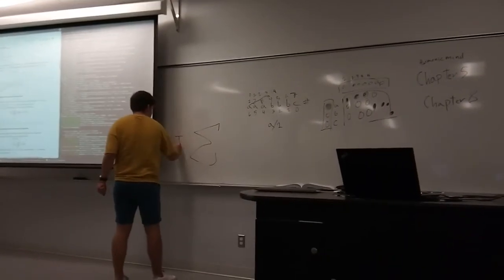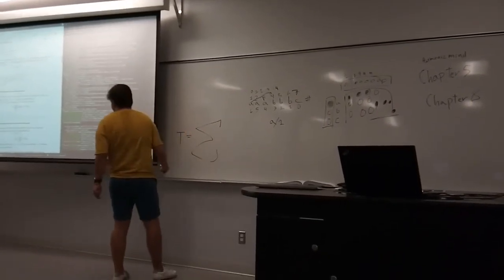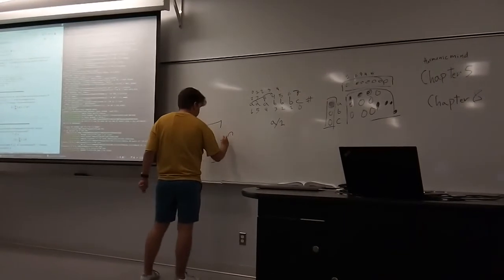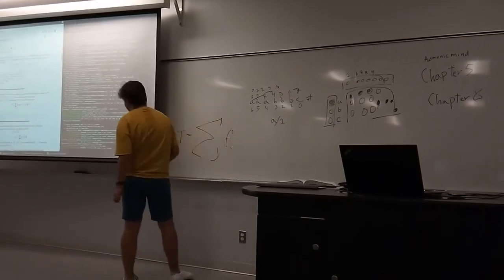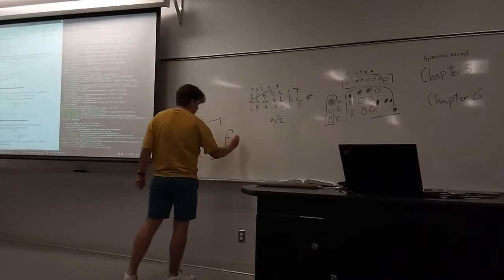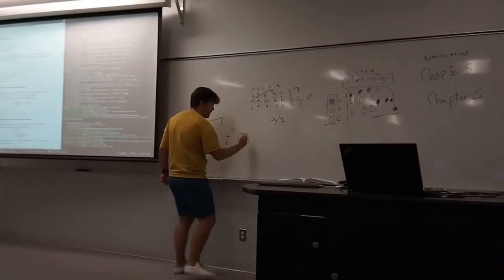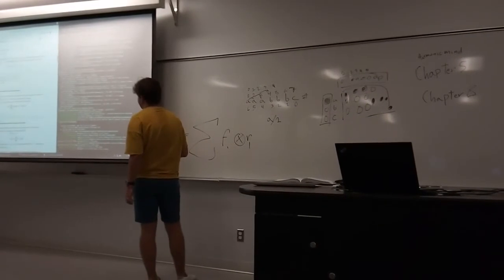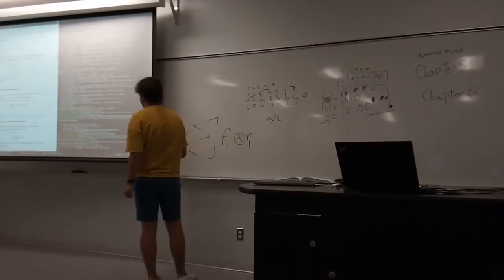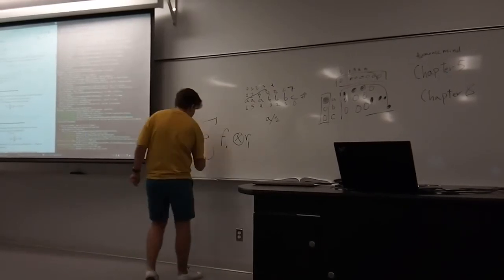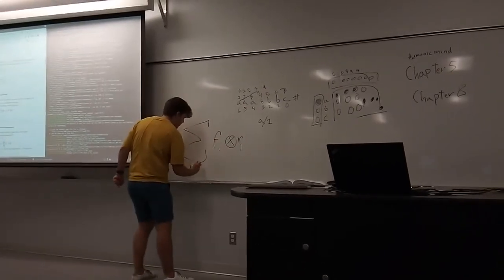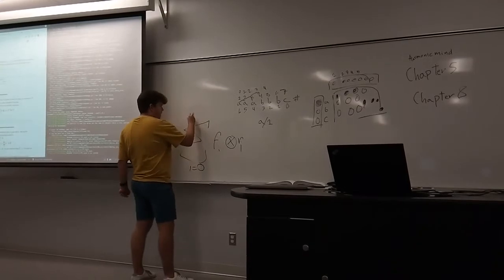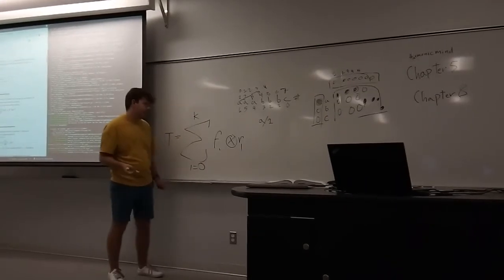So our tensor product T is equal to, for each filler and role, we have a filler vector f_i and a role vector r_i, and then we sum over all the however many filler and role bindings we have.